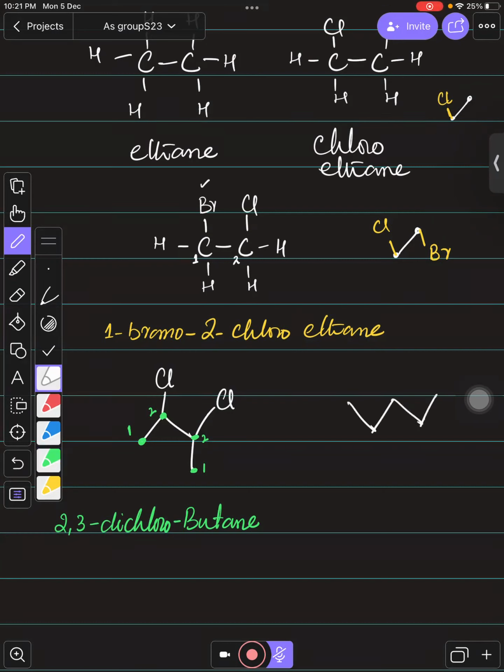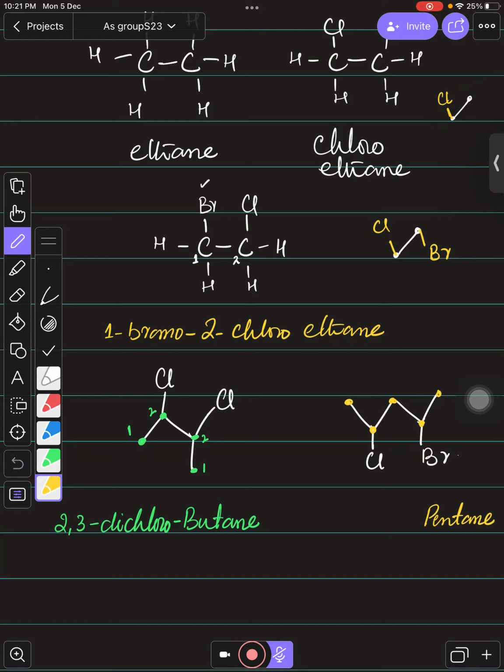Suppose you have this structure, and in this structure we have chlorine over here and bromine over here. What will be the name of this structure? You can see 1, 2, 3, 4, 5 carbons. Whenever 5 carbons are there, you call them pentane. But what about the numbering? What are the numbers on which we have branches?